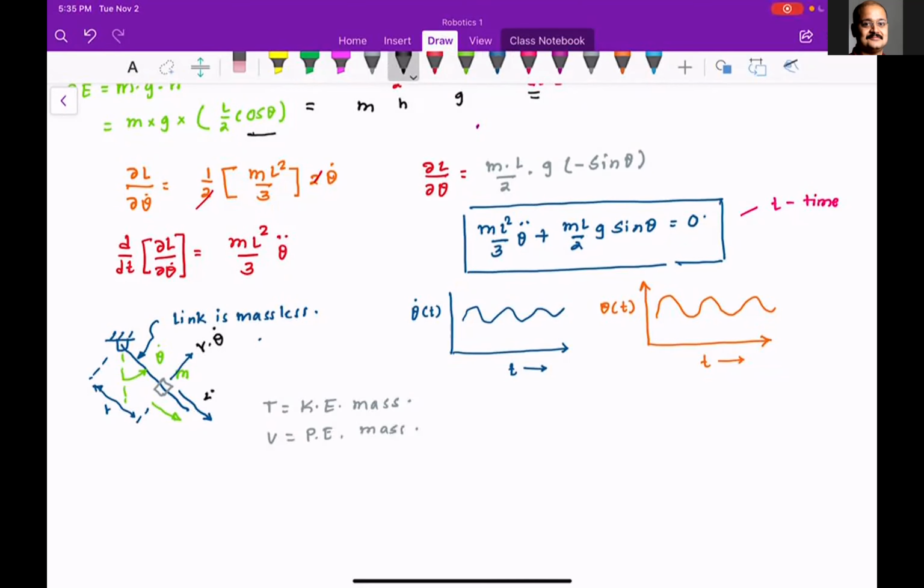So let me give an example. If you have a mass that is free to translate on this slender rod, this is massless. So basically, as we rotate, this mass will have a velocity perpendicular to the direction of rotation, and this mass will have a velocity in this direction.